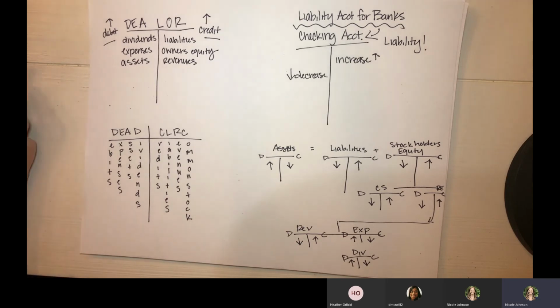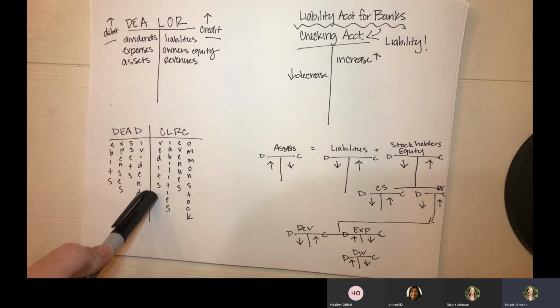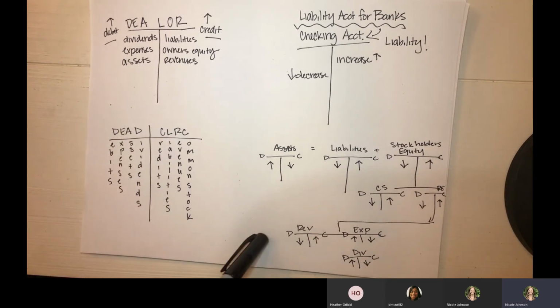So it's extremely important that you commit it to memory, whichever way works best for you, whether it be the accounting equation, the DEALER, the clerk, or breaking it all down and having it all written down. Any of these ways is completely fine, but eventually it will continue to make sense as you keep going.